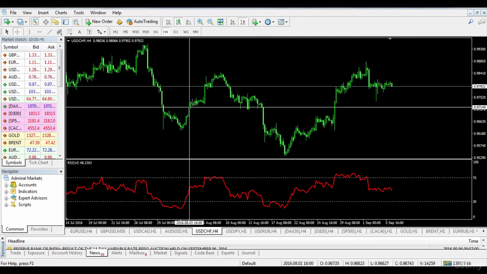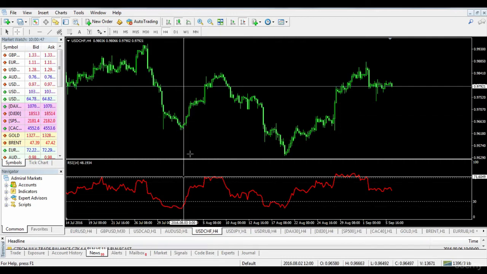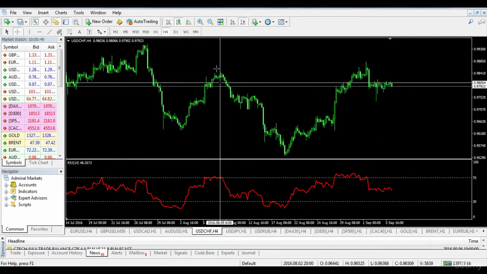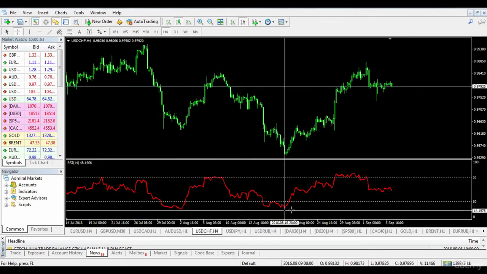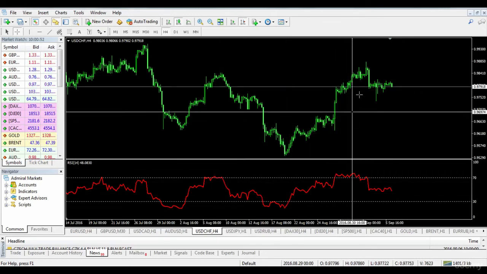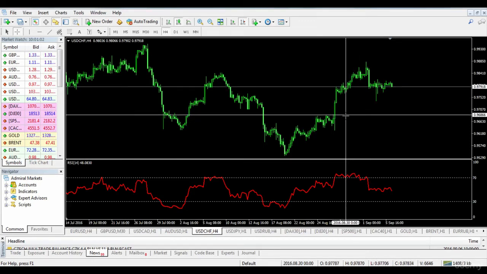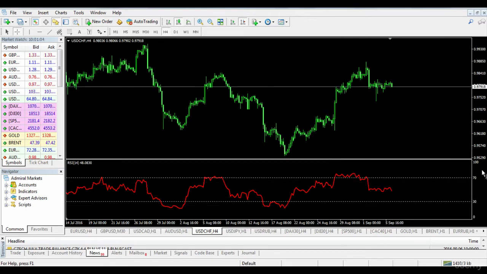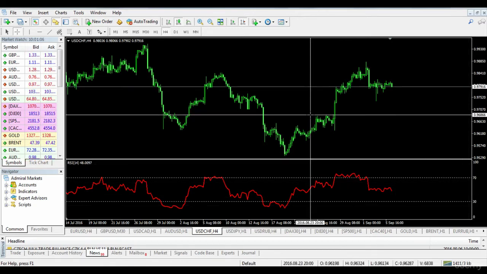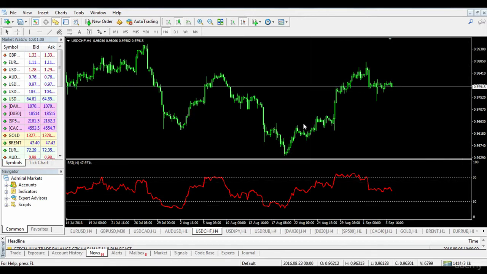Although at first glance the oscillator almost perfectly shows the peaks and the bottoms on the graph, this indicator should not be blindly trusted. First, the RSI oscillator is limited to levels of 0 and 100, while the price has no limits in its movement.